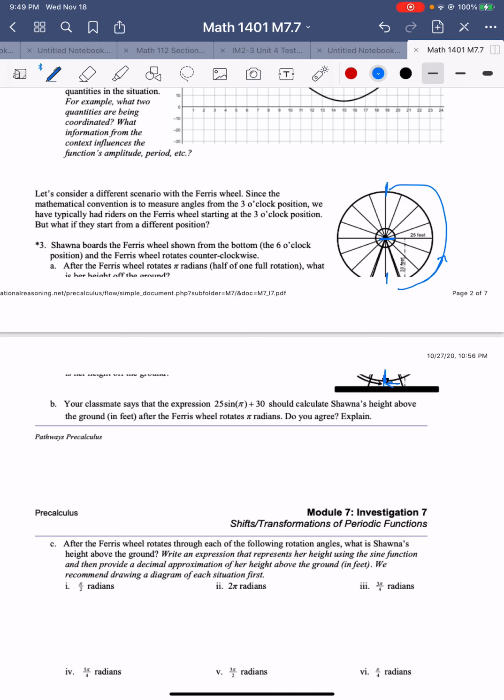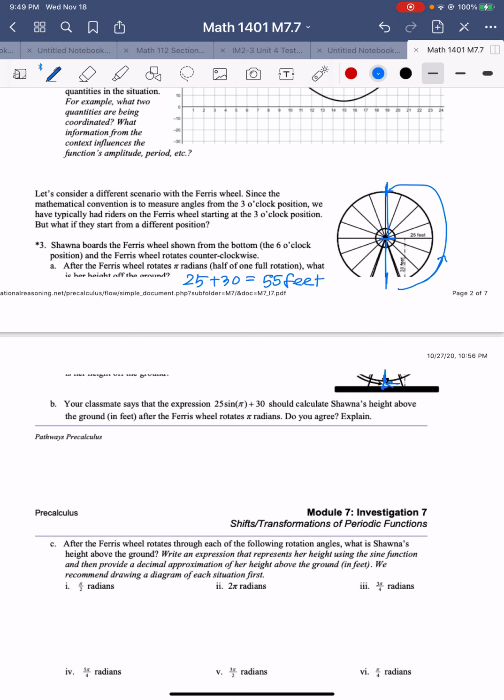The radius is 25, and from here to the ground is 30. So 25 plus 30 is 55 feet.